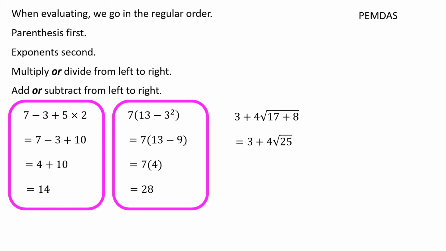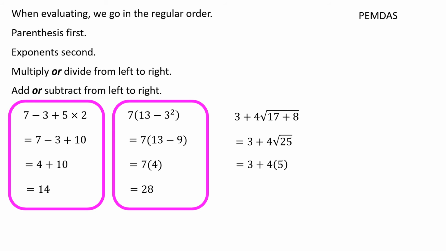Okay, if I've got everything done inside the parentheses, I now have to do the exponent. And if you're thinking there is no exponent, I say look a little bit closer. Remember, square root means an exponent of 1/2. So I got to take the square root of 25 next. Right? Square root of 25 is 5. Or if you want to think of it as an exponent, 25 to the 1/2 power is just 5.